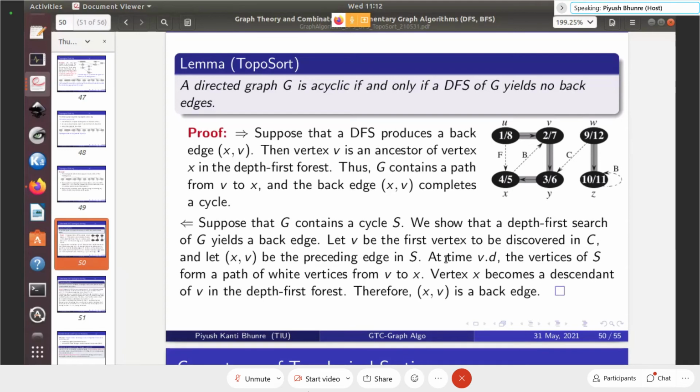That means this x is a descendant vertex in the depth first forest. So then (x, v) will be a back edge. It's very immediate if you just interpret the figure. The same example is here, the cycle v y x, and in this case x is a descendant and x to v will form a back edge.